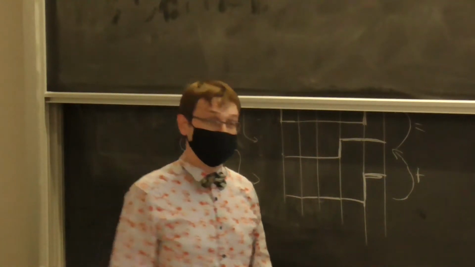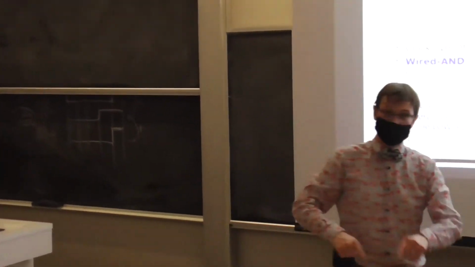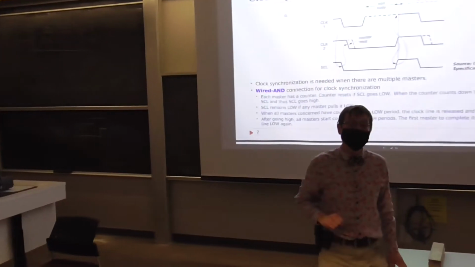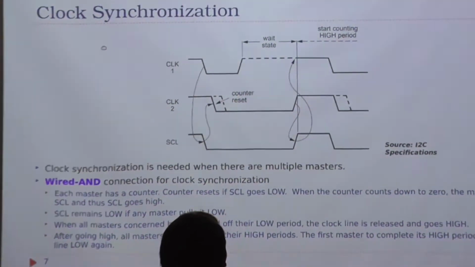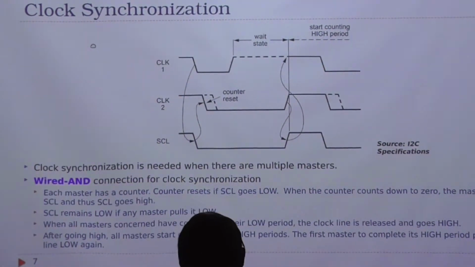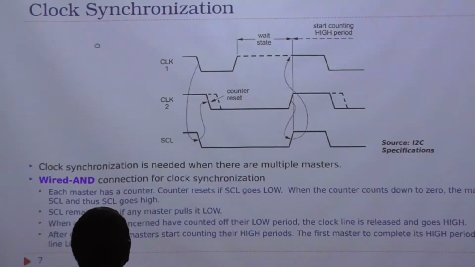So yeah, and then on the edge transitions, they restart their counters every time there's an edge transition on the clock line. Yes. The dotted, offset lines on the clock too, what do those represent?